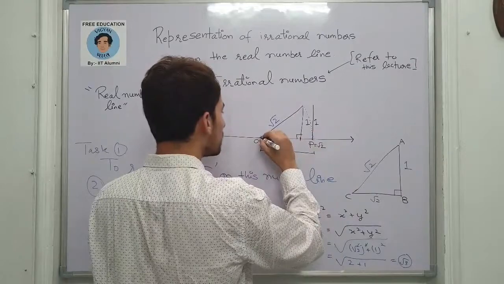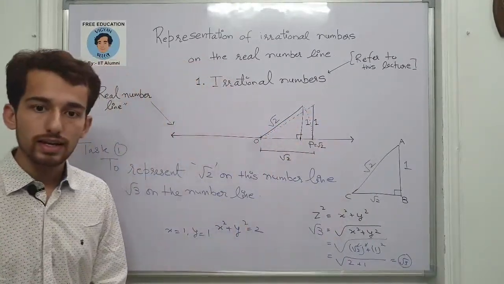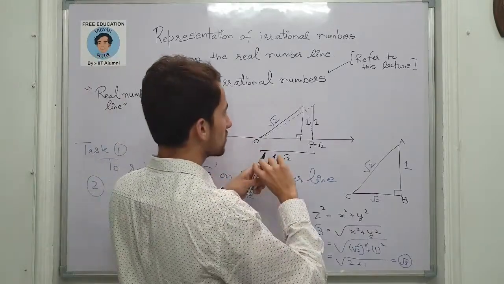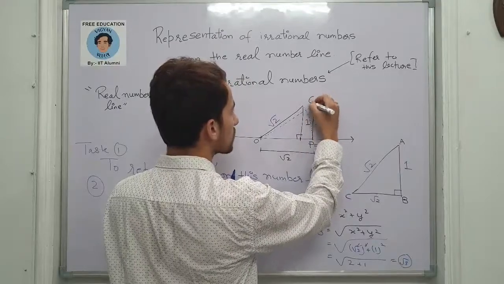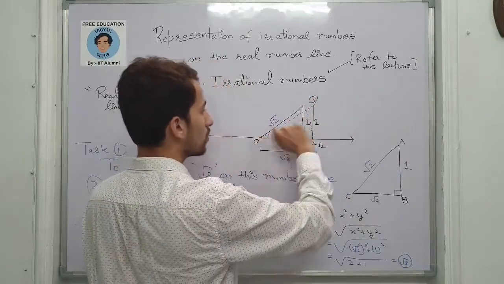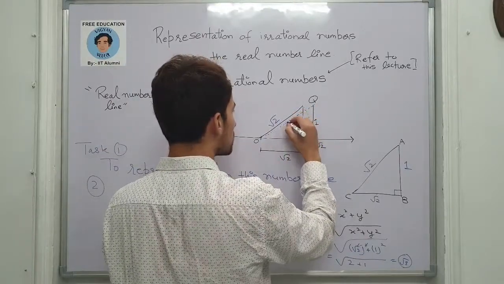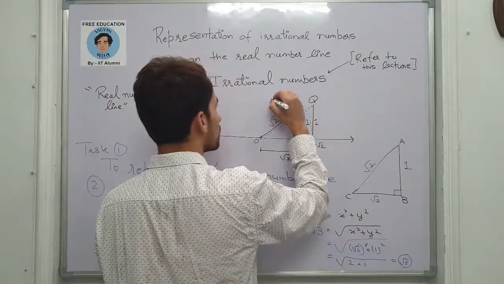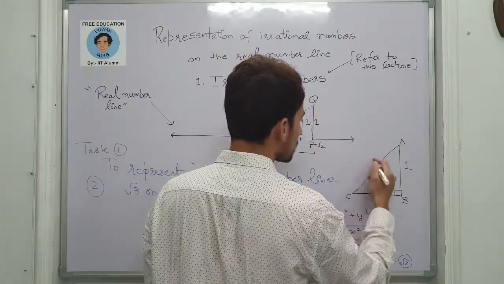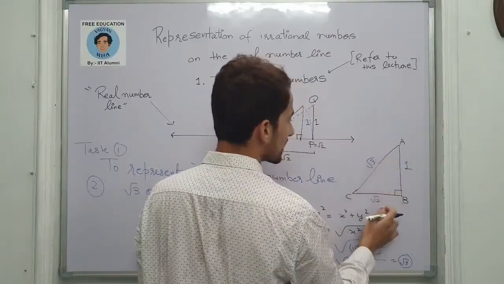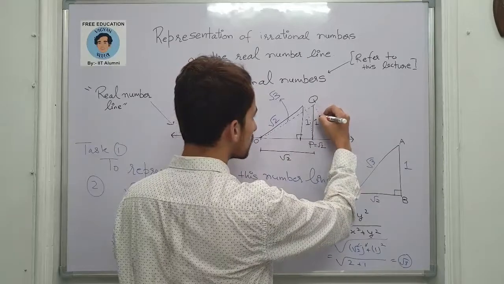Again you get a triangle with vertex O. If this point is P and this point is Q, then the length OQ, shaded in dotted blue, is the square root of 3 using Pythagoras again, taking x and y as these two. Do the same task again, and this point represents the square root of 3.